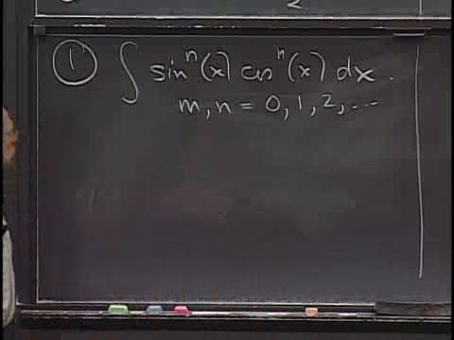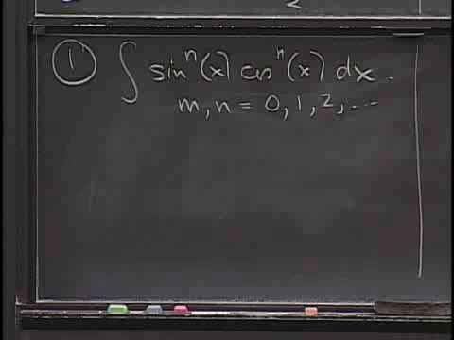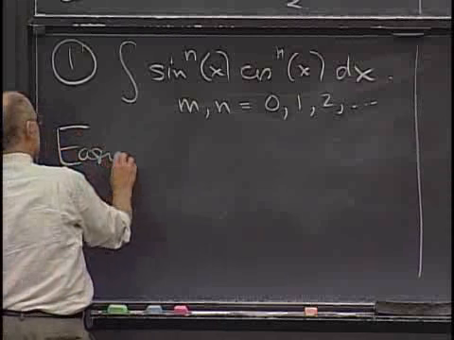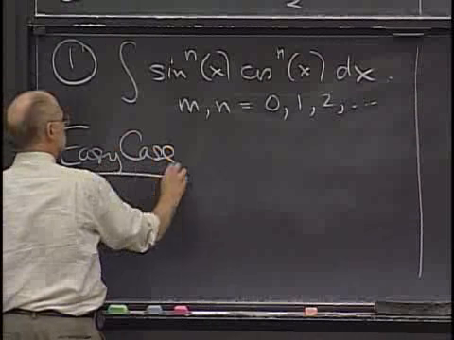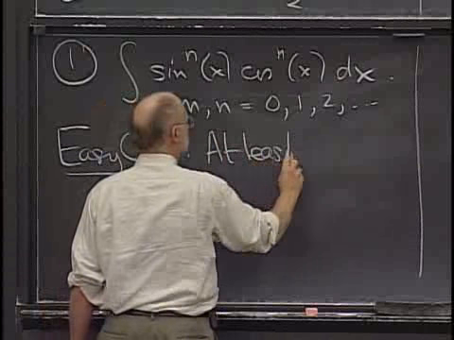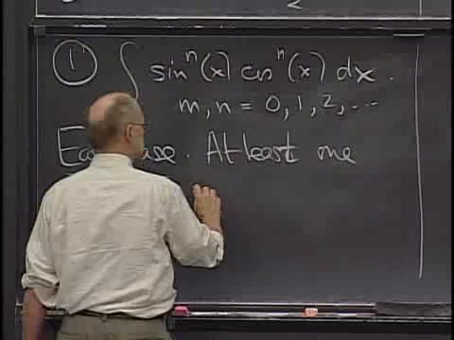Well, so there are two cases to think about here when you're integrating things like this. There's the easy case, and let's do that one first. The easy case is when at least one exponent is odd.